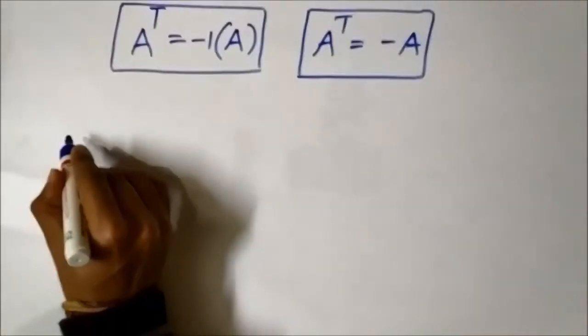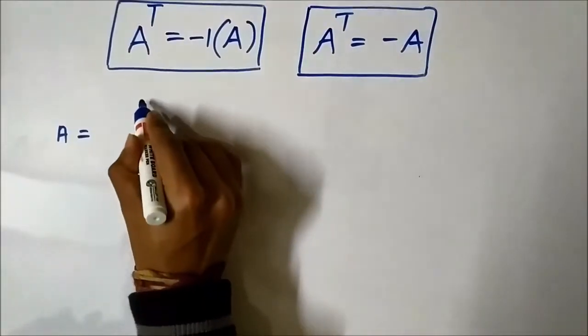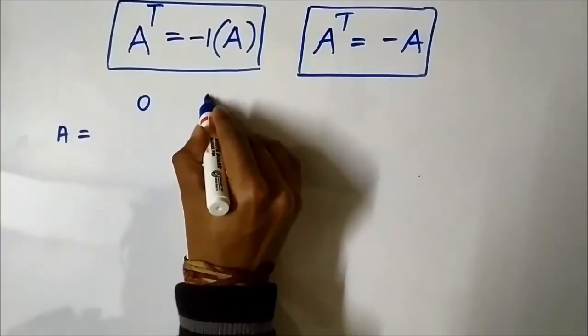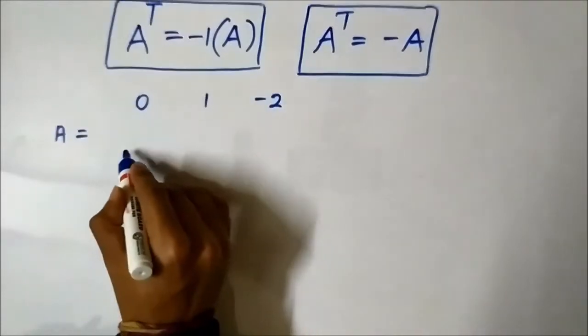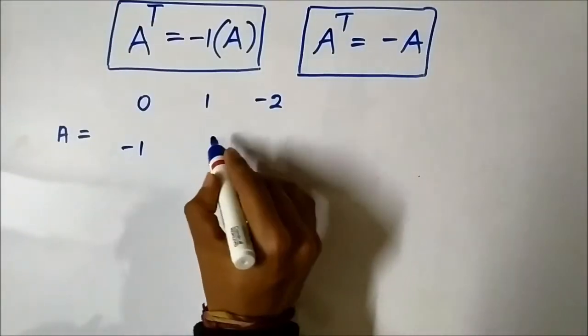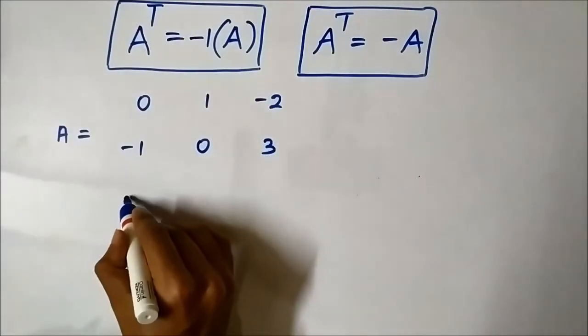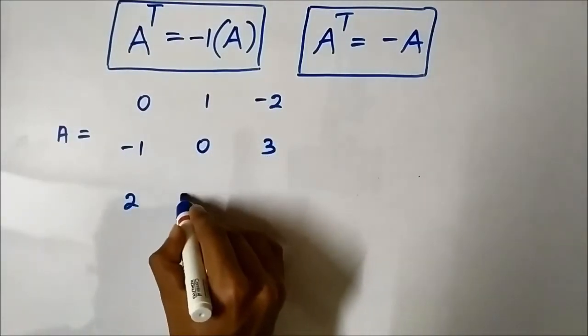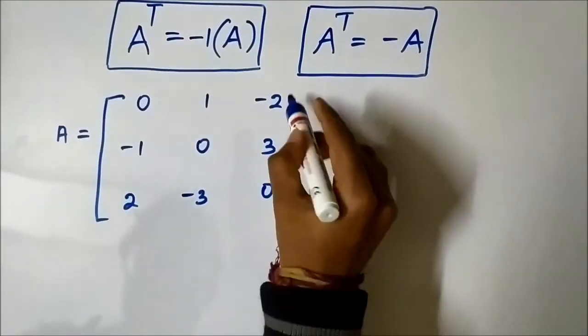Let us say we have a matrix A given by 0, 1, minus 2, minus 1, 0, 3, 2, minus 3, 0. This is the matrix.